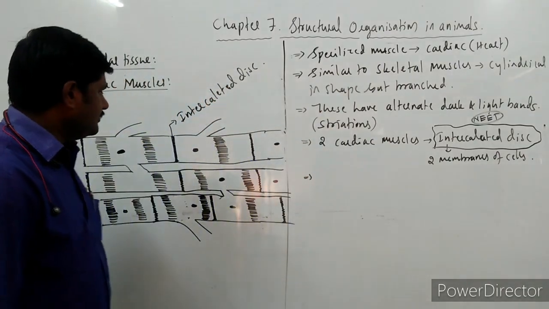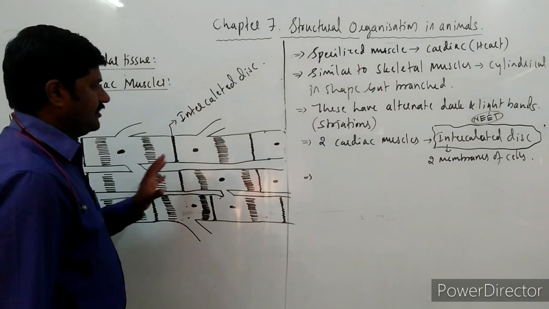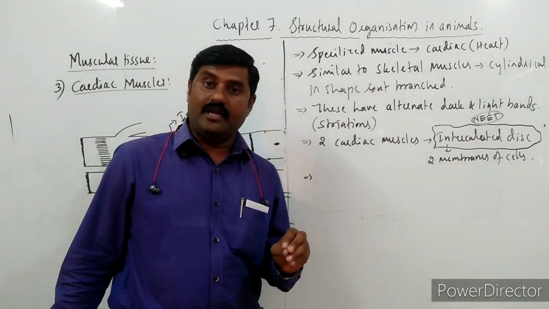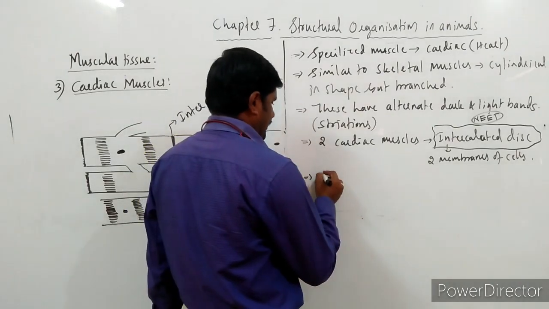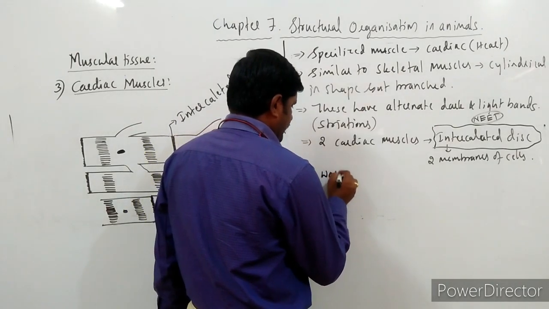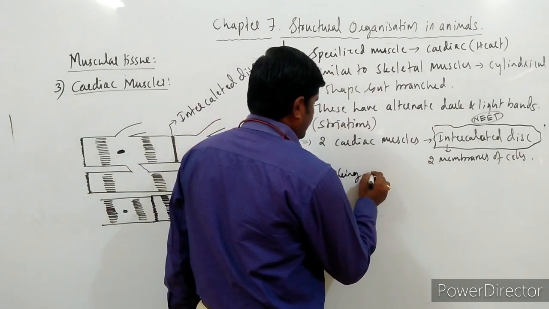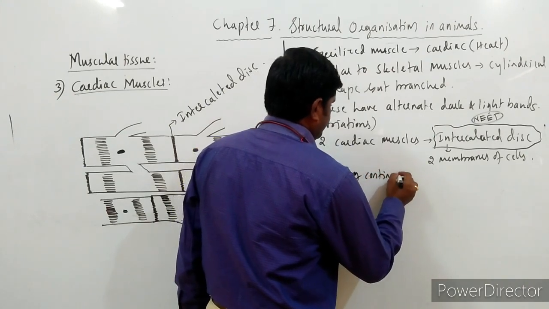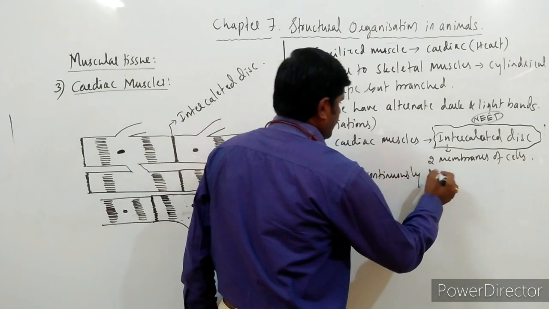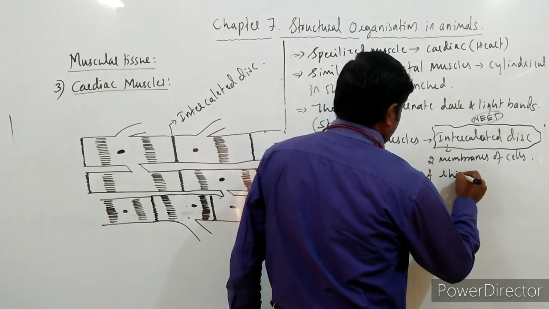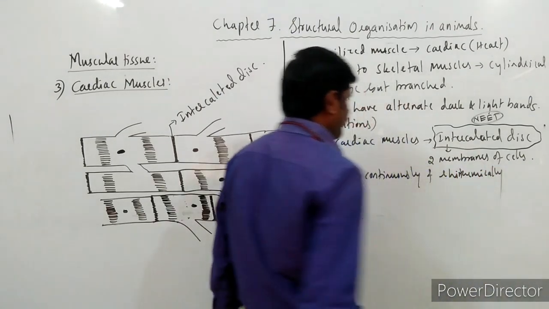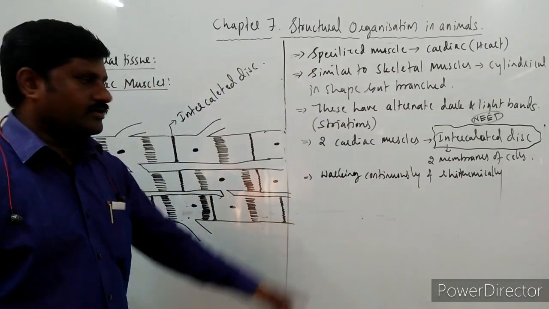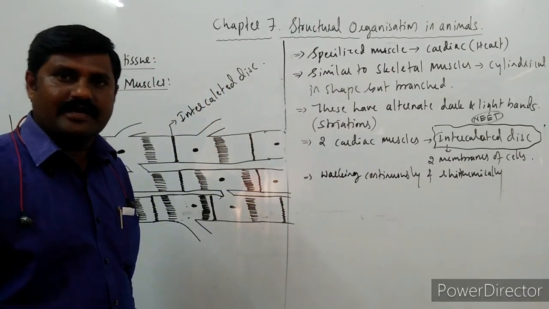Next one. These are also cylindrical in nature, and they work until the last breath of the human being or the animal. Right, working continuously and rhythmically. So they are working continuously and rhythmically, right?